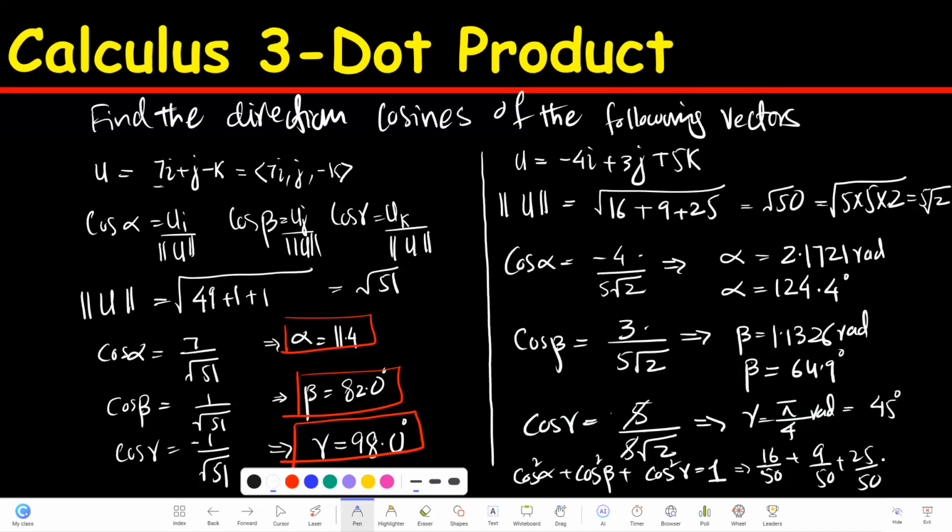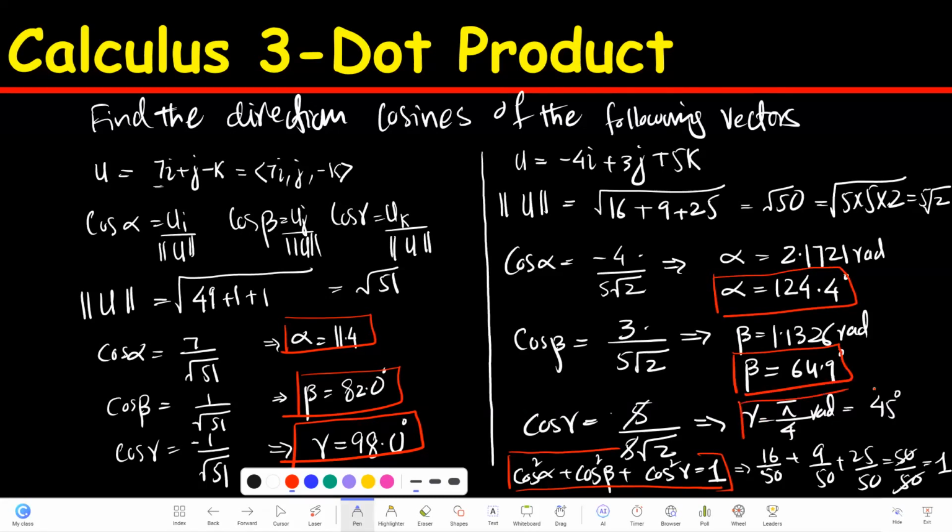Add them together, the answer would be 50 over 50, and canceling out, it equals 1. And we prove that this expression is verified and validated. It means all my 3 angles are correct. If this answer does not come out equal to 1, it means something is wrong with my angles, and I have to go and look into that.